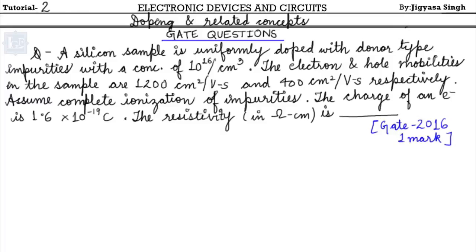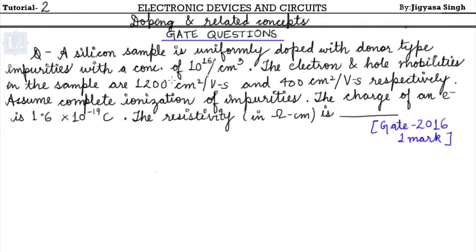Assume complete ionization of impurities. The charge of an electron is 1.6 into 10 to the power minus 19 coulomb. They have given this, but you should know it on your own also. The resistivity in the unit ohm centimeter is.